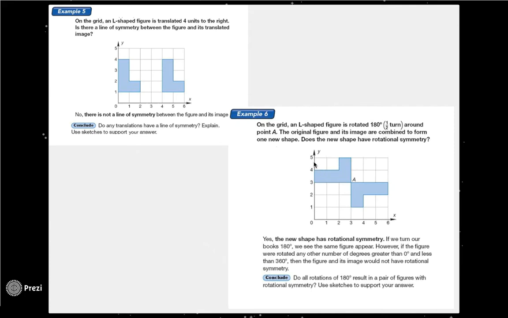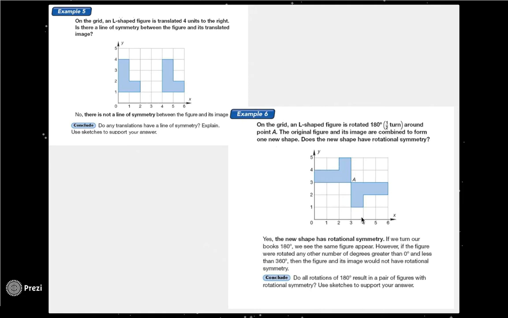All right, now on example number 6, the L-shaped figure is rotated 180 degrees from this point A. The original figure and its image are combined to form a new shape. Does the new shape have rotational symmetry? If you rotate it, is it going to have rotational symmetry? And it's yes. If we turn this image 180 degrees, we'll have the same figure.